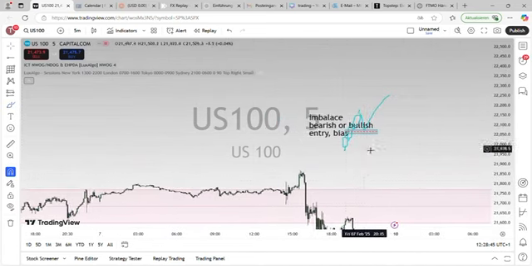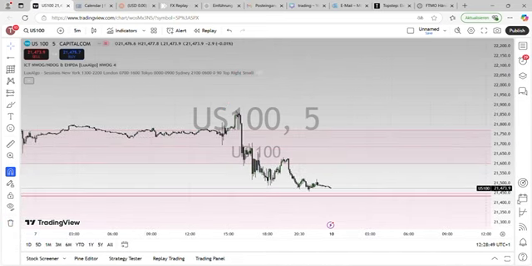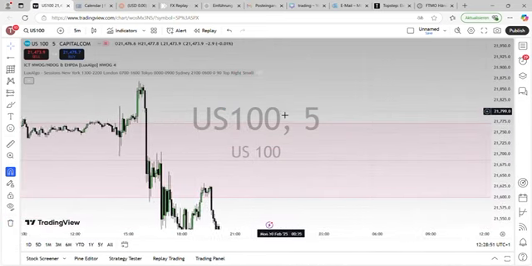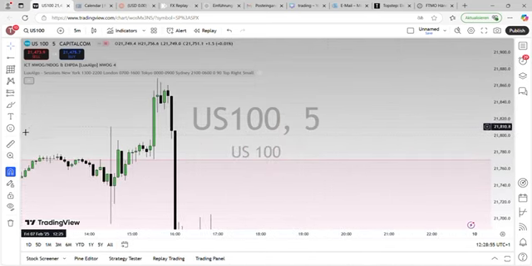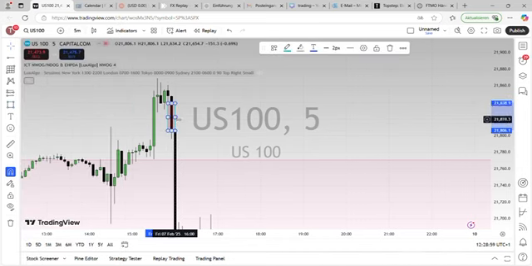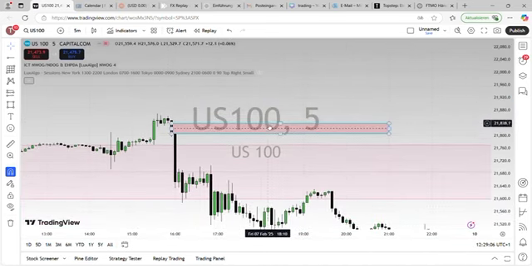So on the chart, we can find fair value gaps. First thing here, this is a fair value gap. This got not filled, and we don't have to retrace back into this.